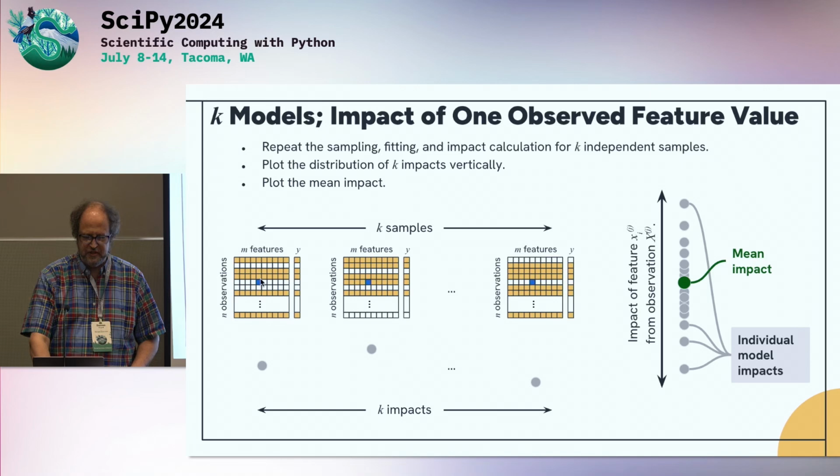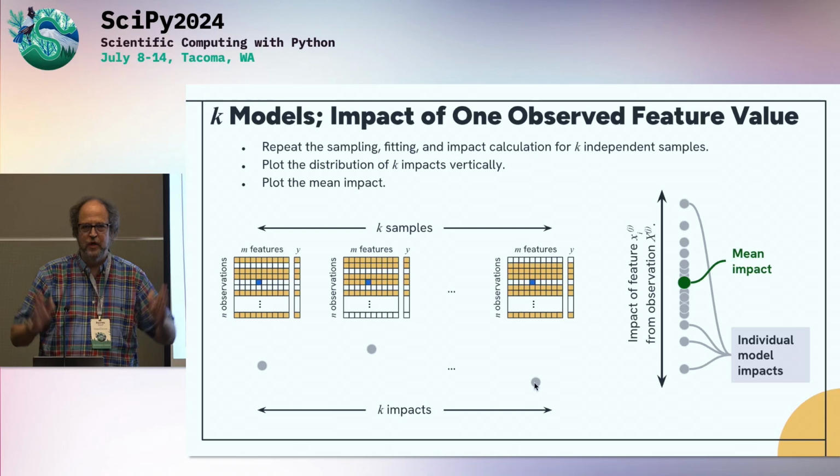I'm always going to use the same blue observation here. And I'm going to plot these impacts vertically. And so what I see here, here's the impact in the first model. Here, the impact in the second model is a little bit higher than it was in the first one. In this very last one, it's lower than the other two.